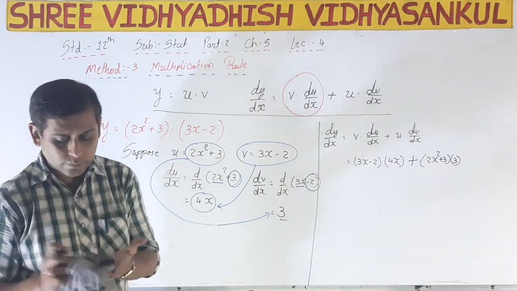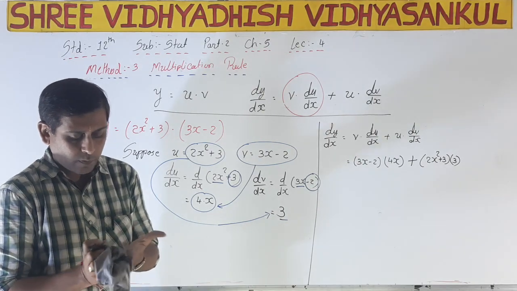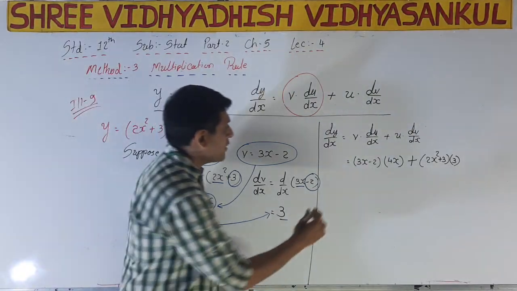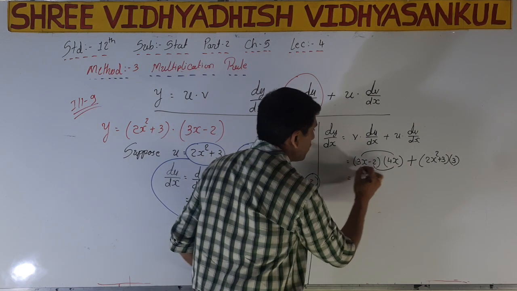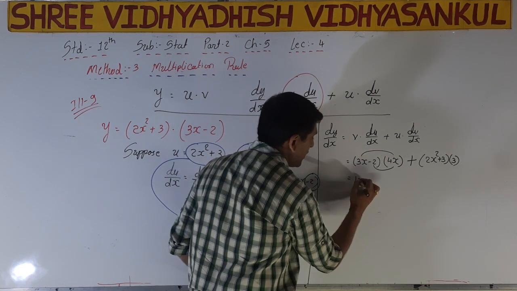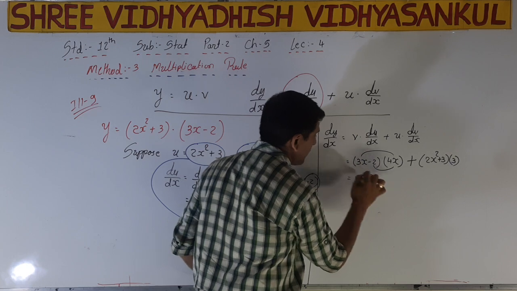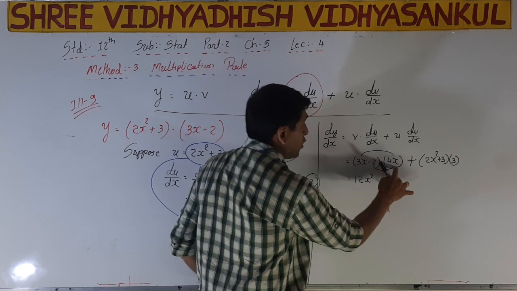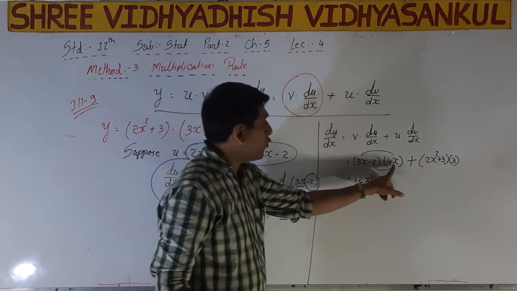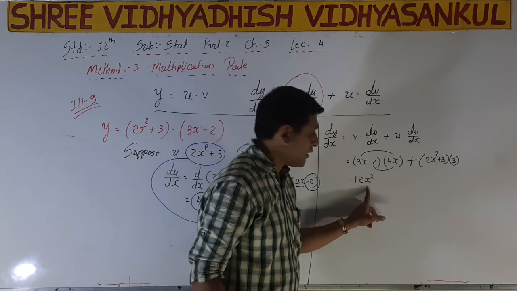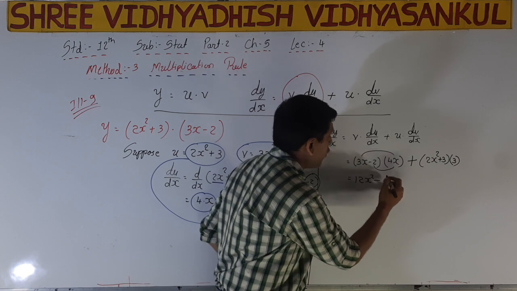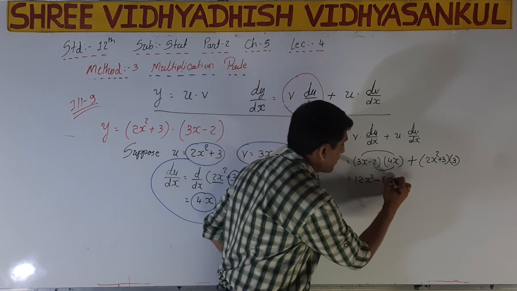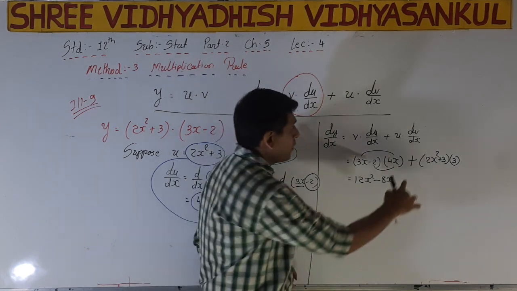First of all, what is the simplification of this? We have to multiply this and this. 3x into 4x, that is 12x square. 3 into 4 is 12, x into x is x square. Minus 2 into 4x, that is 8x. Right?